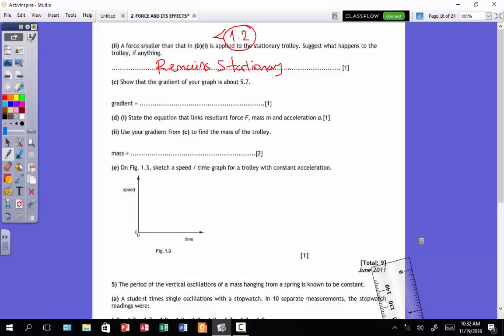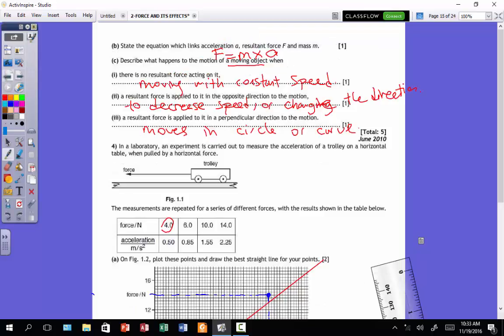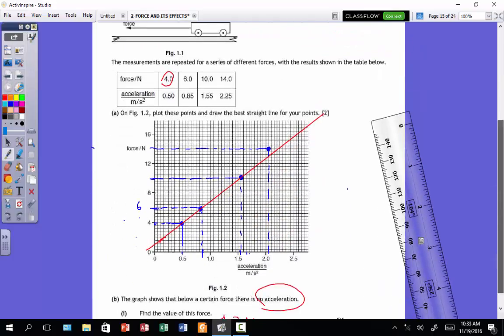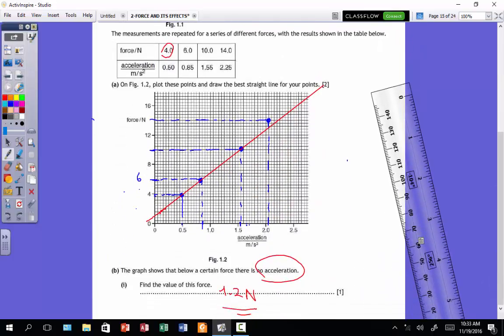Okay, show that the gradient of your graph is about 5.7. Let's look at the graph to find out the gradient. According to the graph, we have to choose 2 points.